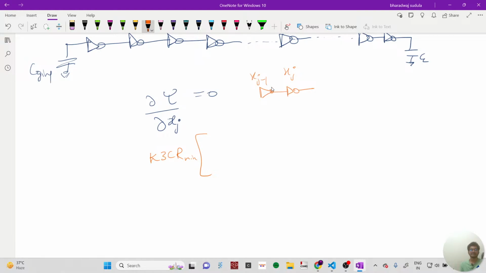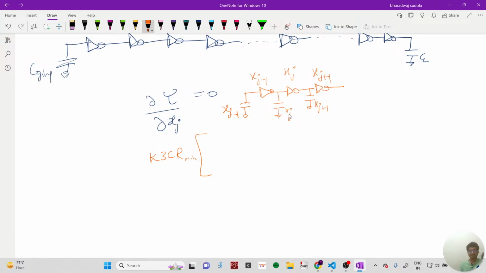This is xj minus 1. This is the next gate. This is xj plus 1. So what is the load cap here? This is xj, and what is this? Xj plus 1, and this is xj minus 1.